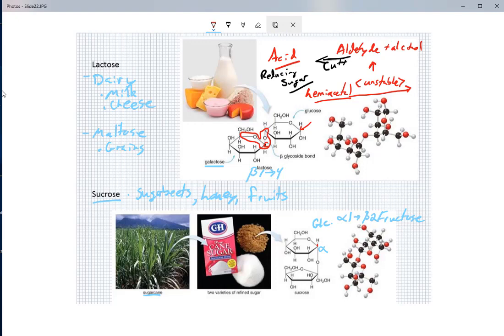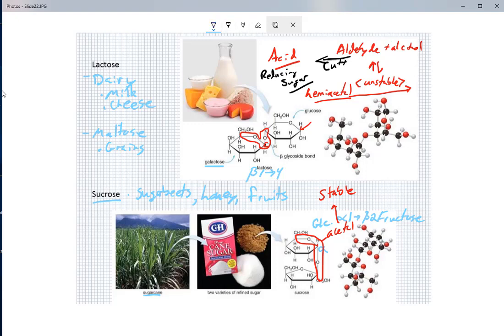This is an acetal, carbon, oxygen, carbon. Remember, acetals are stable. They do not exist in equilibrium with the open chain aldehyde and alcohol, like hemiacetals do. So this acetal is stable.